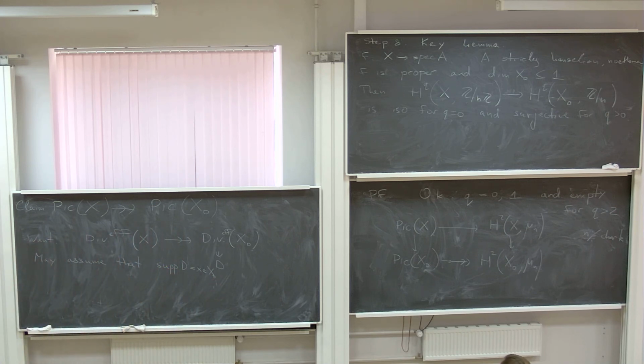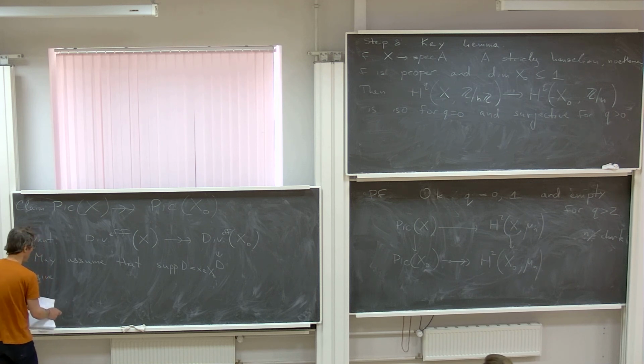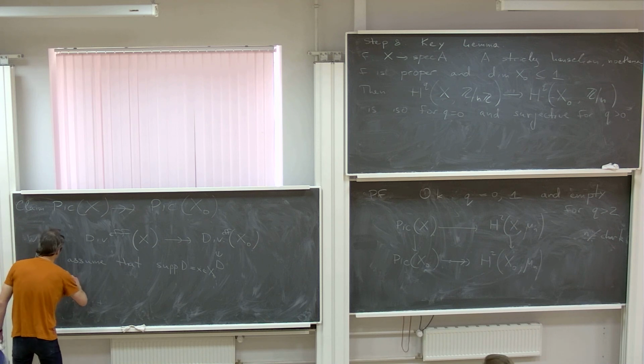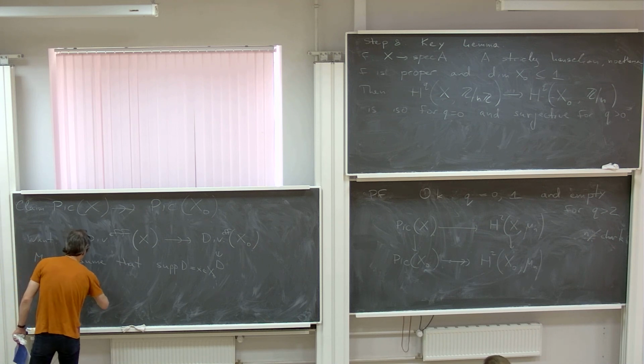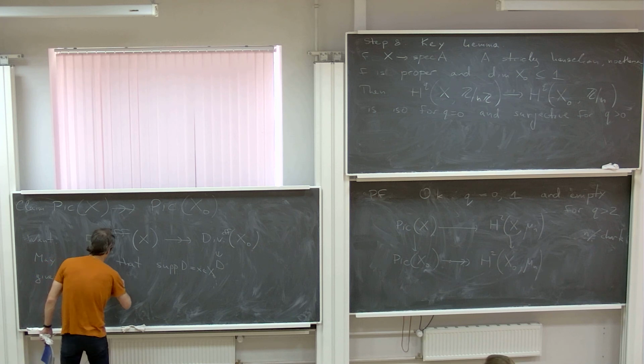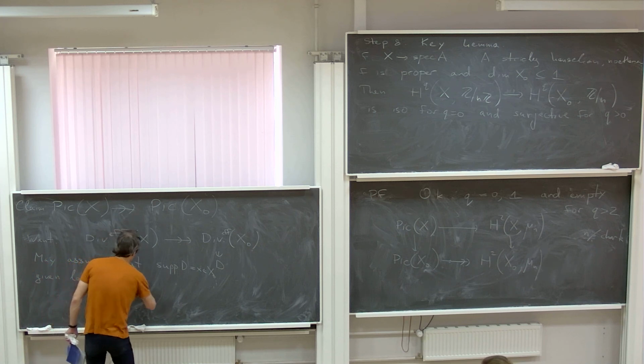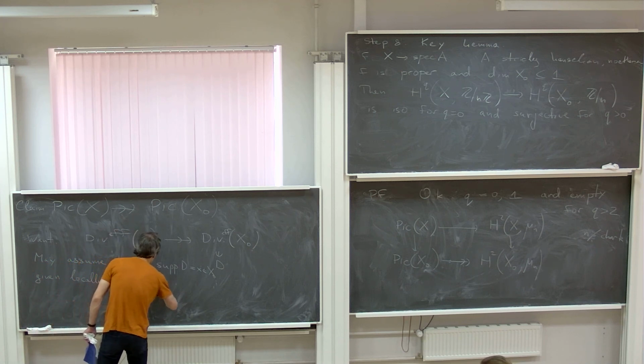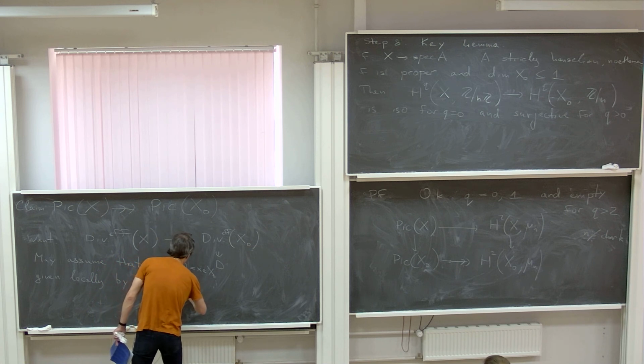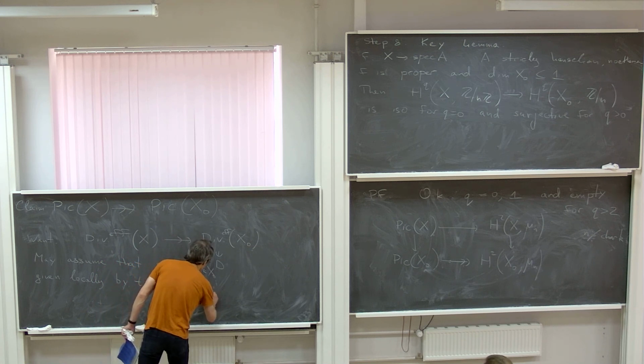Locally it is given by some equation T0 equals 0, where T0 is an element of the local ring.